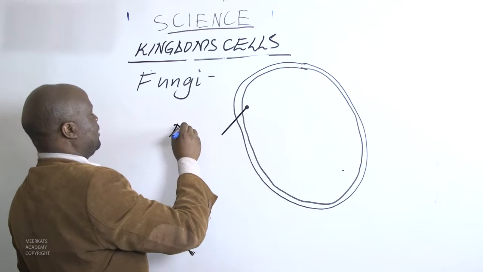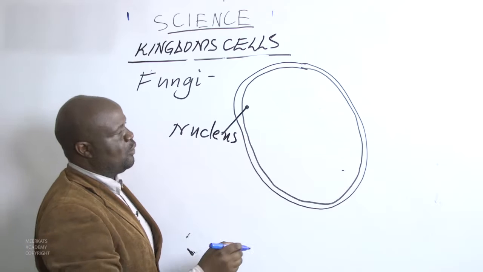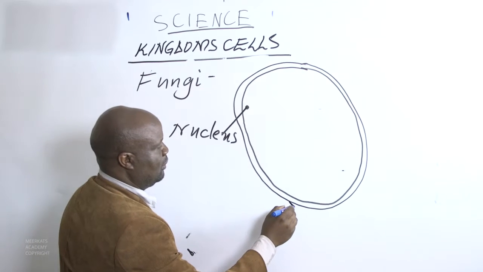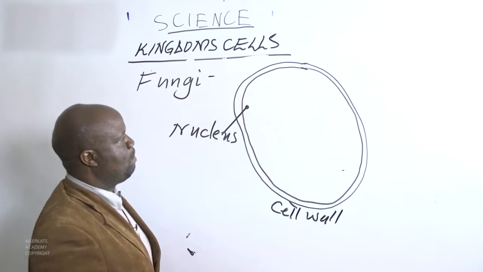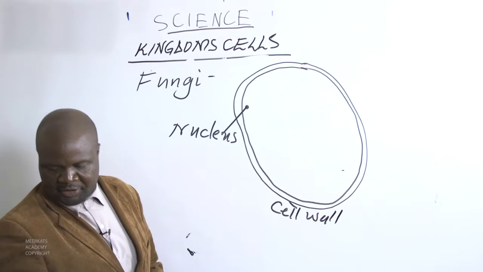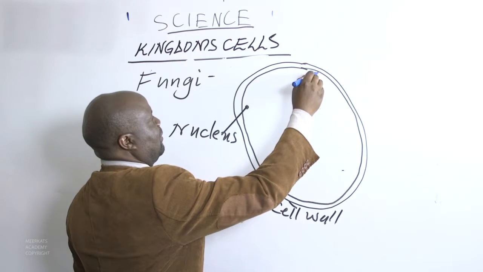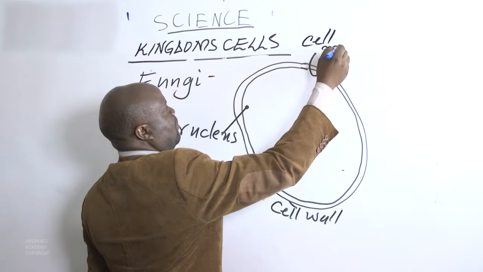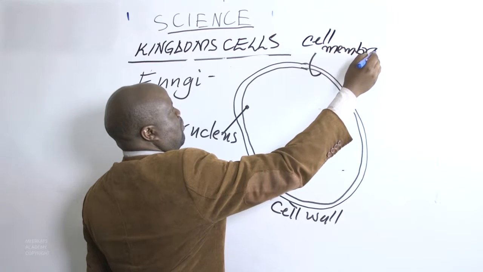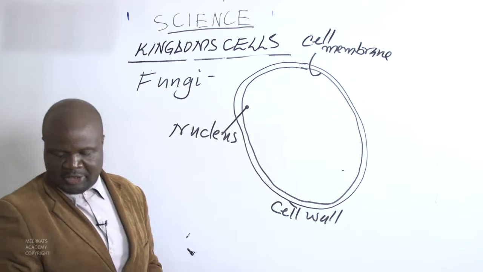This is the nucleus. Then we have the cell wall, and within it the cell membrane. You can see it has a cell wall and a cell membrane.